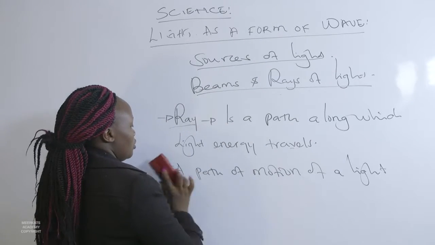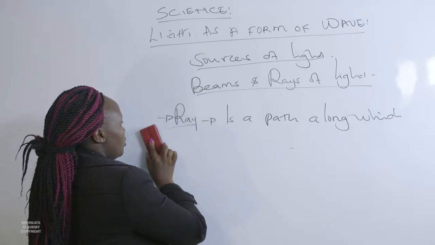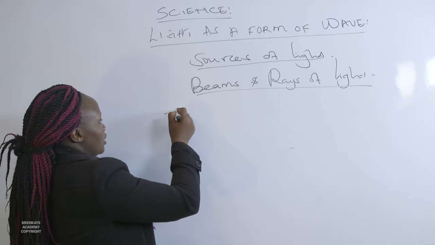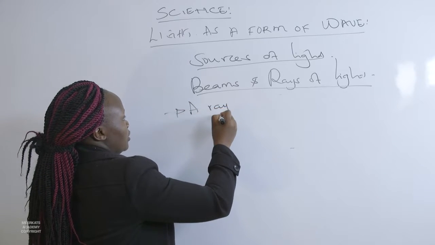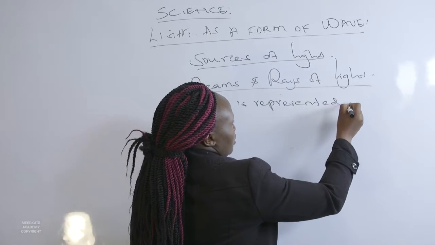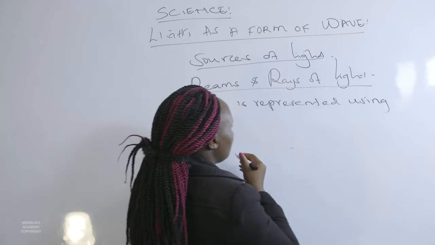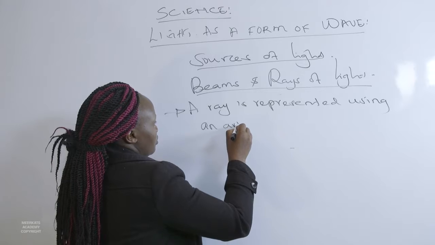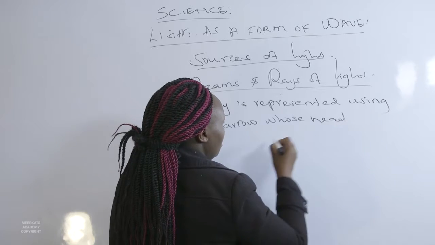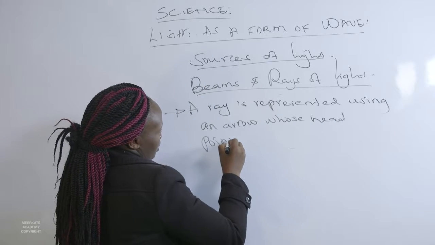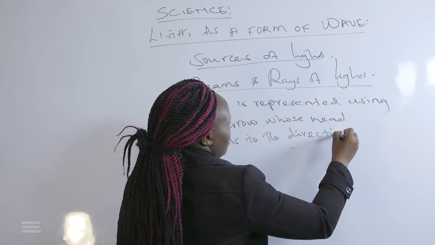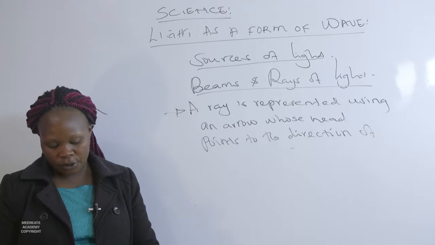Now, we could also define a beam, but before then, it's good to mention that a ray is represented using an arrow whose head points to the direction of the wave.